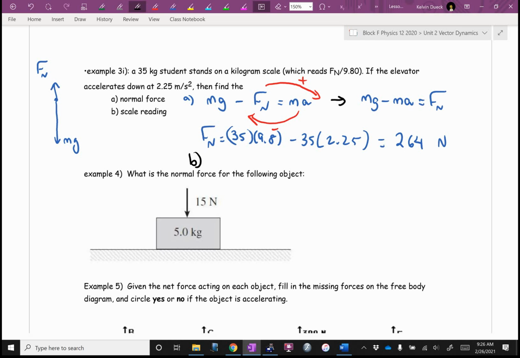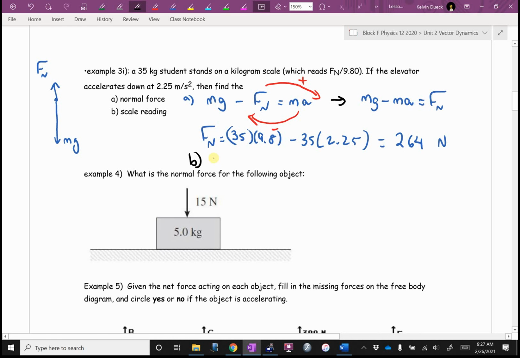How do I convert newtons into its equivalent in kilograms? I'll give you a hint. I think it mentions it in the brackets. Yeah, divide by 9.8. That's how kilograms on my scales are calibrated. It measures the force in newtons and just divides it by 9.8, and that's what that scale is calibrated for.